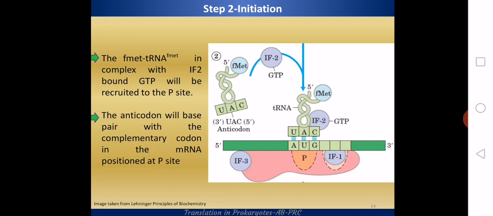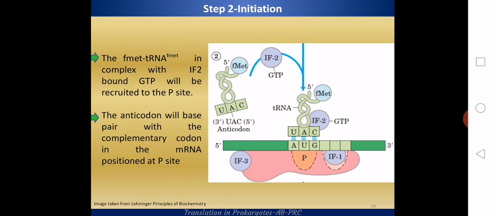Okay. Now the second step of initiation. Here, the fMet tRNA fMet has to be recruited into the P site. Clear? Normally, the fMet tRNA fMet will have an anticodon sequence UAC, which will be complementary to the AUG codon at the start site in the P site of the 30S ribosomal subunit.